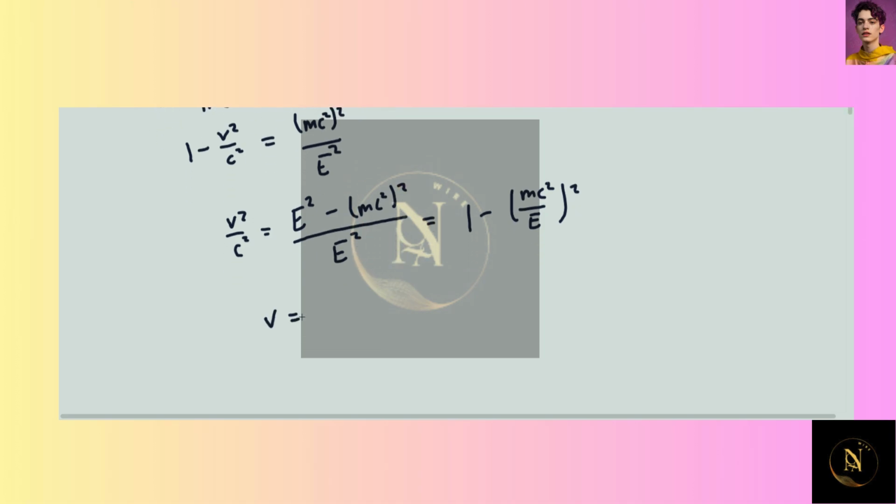Or finally, v is equal to the square root of 1 minus mc squared over E squared times c.